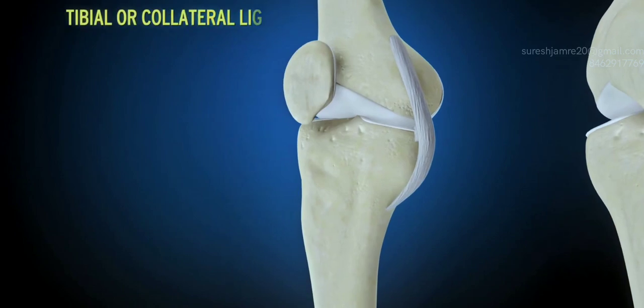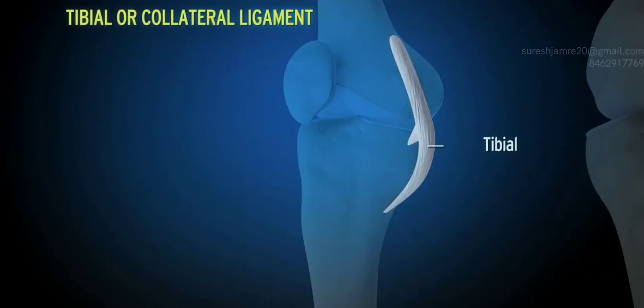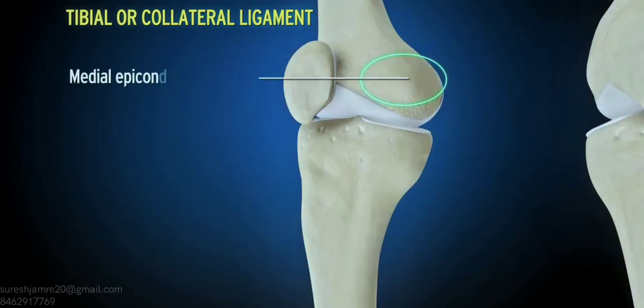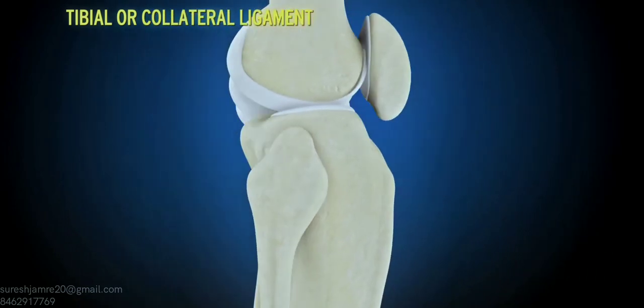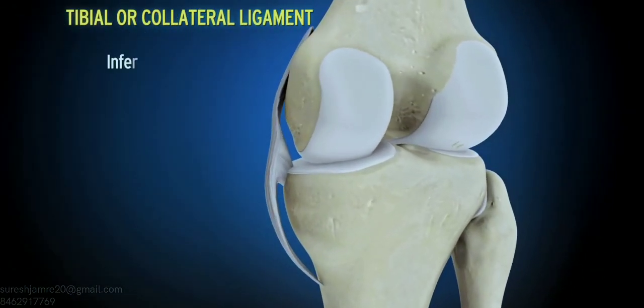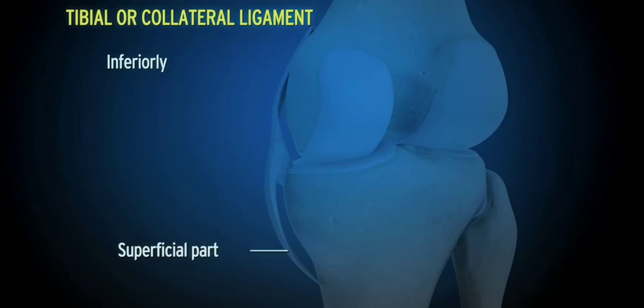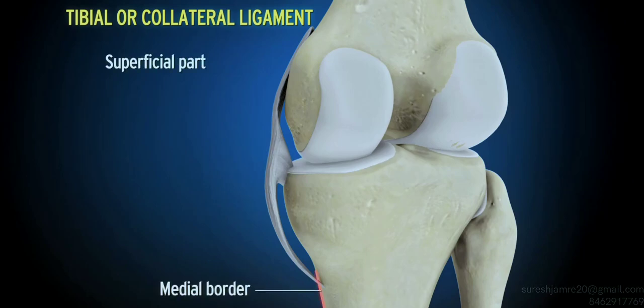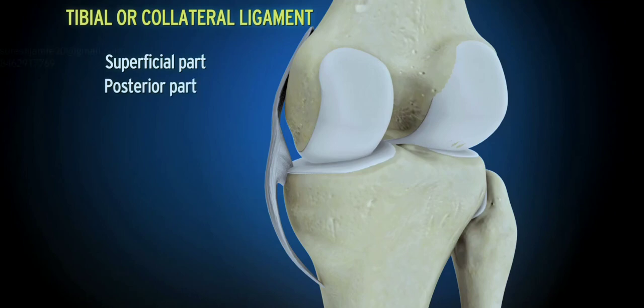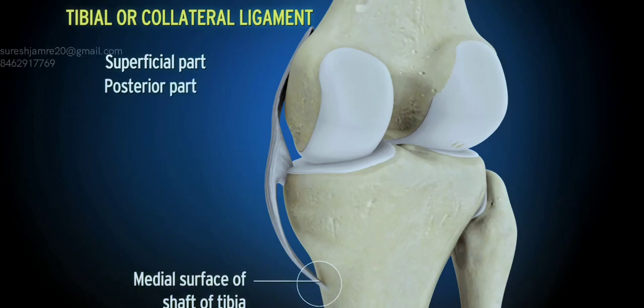Tibial or medial collateral ligament. Tibial collateral ligament is attached above to the medial epicondyle of femur. Inferiorly, it splits into superficial and deep parts. Superficial part is attached to the medial border and posterior part of medial surface of shaft of tibia.